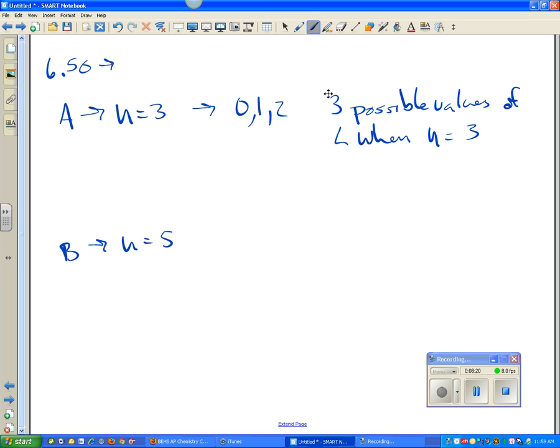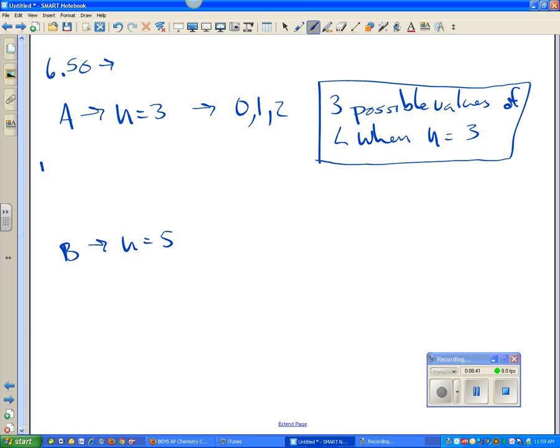Now notice those two numbers are the same. That's not a coincidence. So that's for L, but what about ML? Okay, so that's half of my answer.